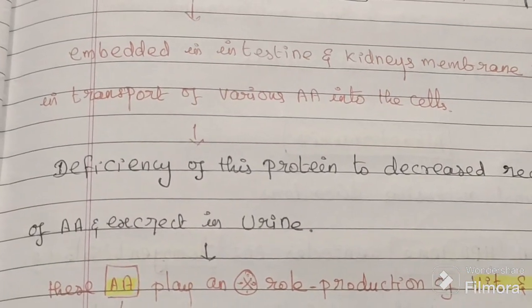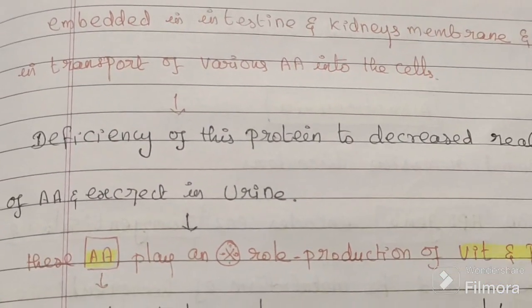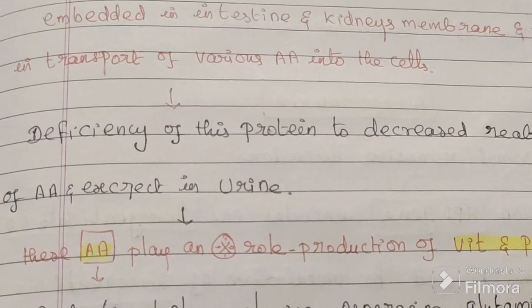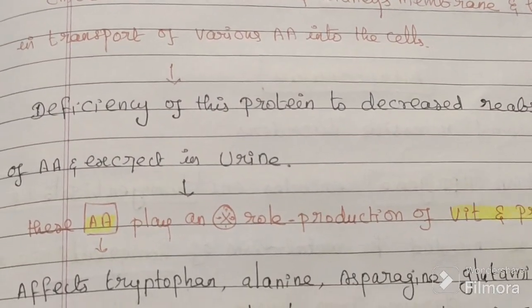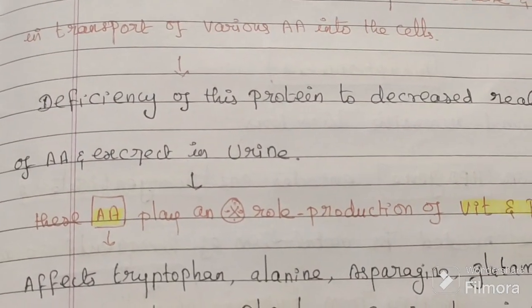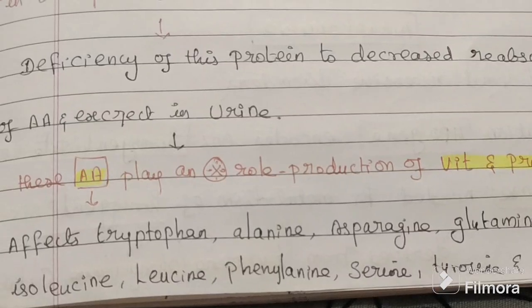These amino acids play an important role in various functions of the body, which include production of certain vitamins and proteins.